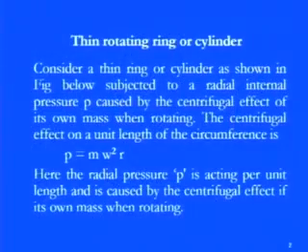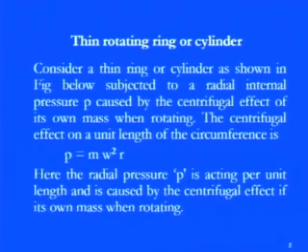In this lecture 18 we have the first portion, the thin rotating ring or cylinder. A thin rotating ring or cylinder, which I am going to show you in the next slide, is subjected to a radial internal pressure P. That means we have internal pressure in the radial direction of this thin ring, or thin cylinder, caused by the centrifugal effect, because it is rotating.